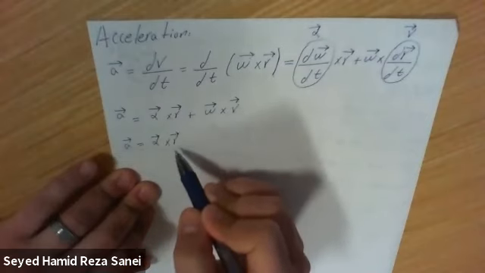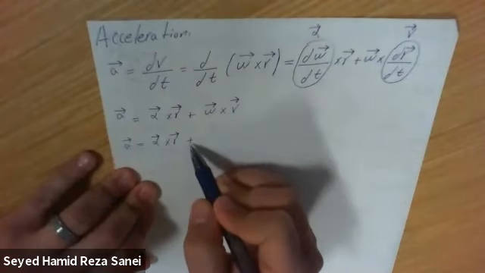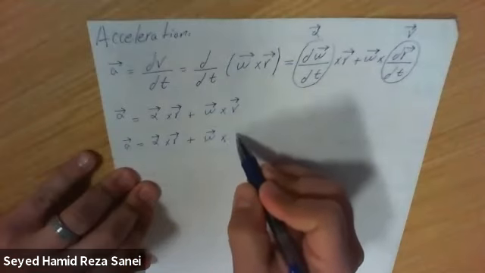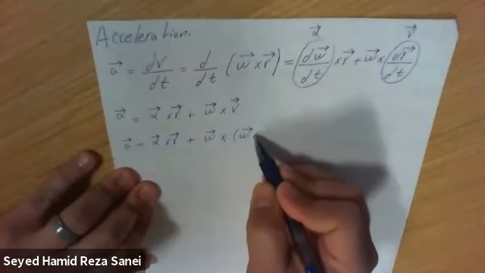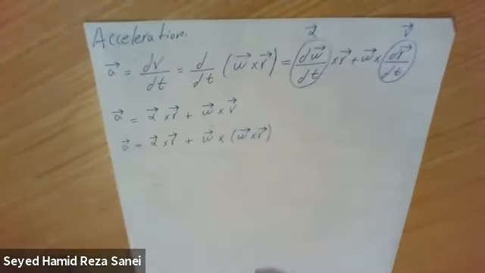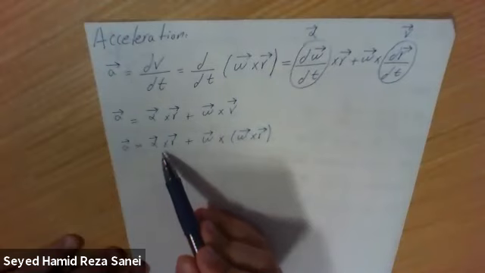Alpha is angular acceleration, r is the radial vector, and omega cross v is omega cross omega cross r. So that's the acceleration that I will have based on the rotation about a fixed point.